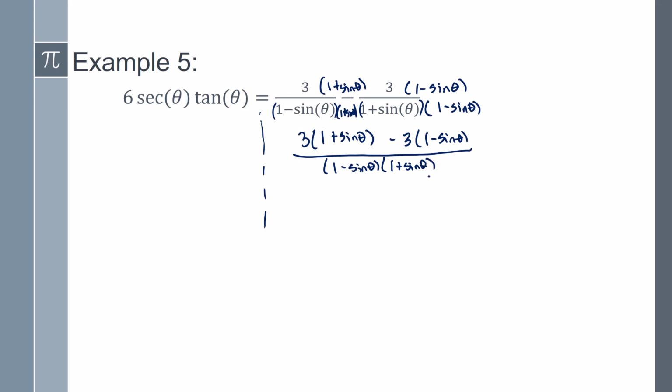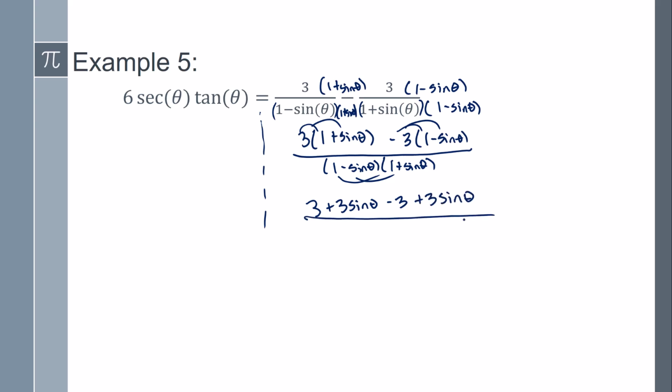so now from here, we're still in kind of like, I see some algebra, right? I can distribute this. I can distribute this. So I get 3 plus 3 sine theta minus 3 plus 3 sine theta.